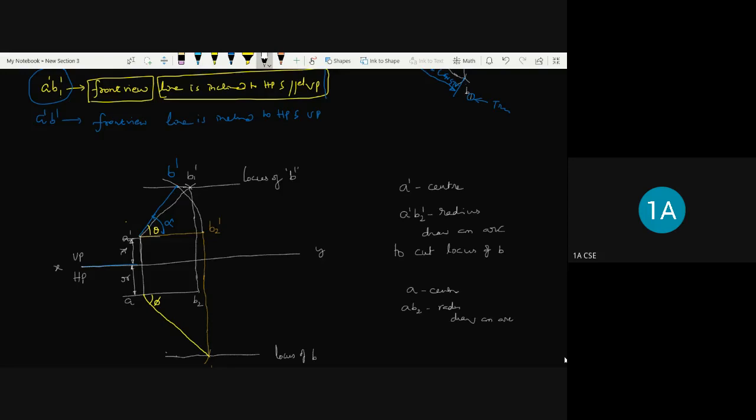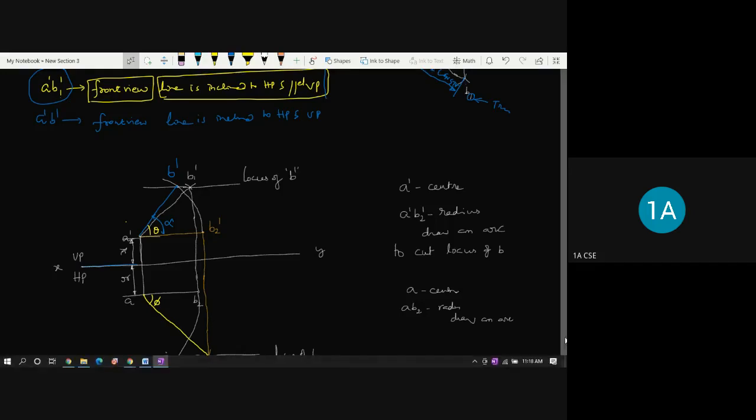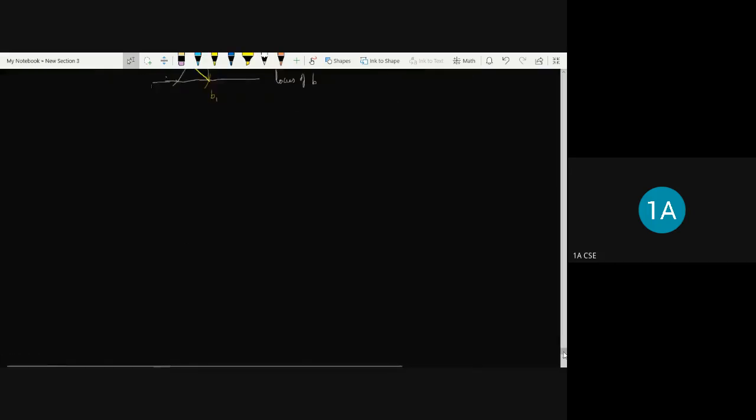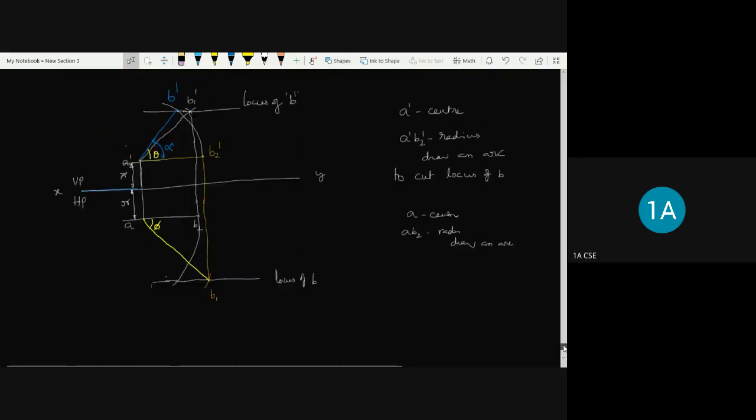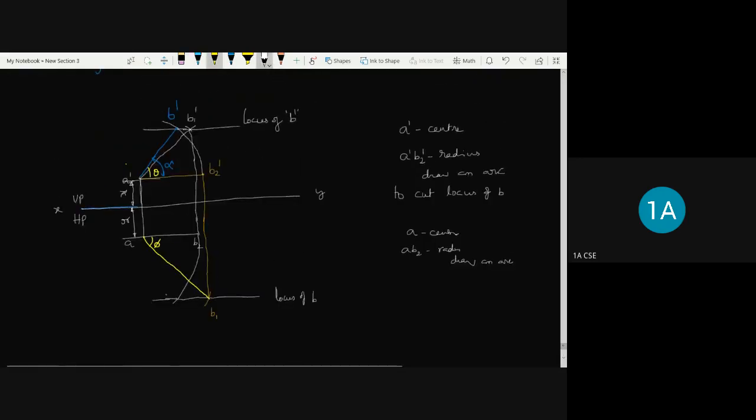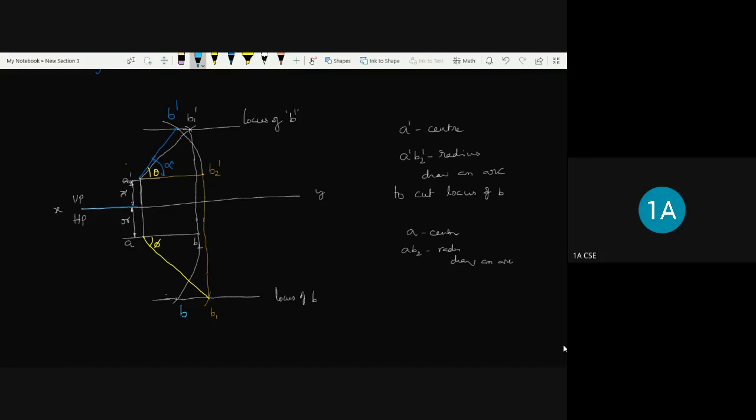So similarly, this as the radius, and draw an arc to cut this locus. The point which you got after cutting this locus is called B. Join A and B. The angle made by this line AB is called beta.